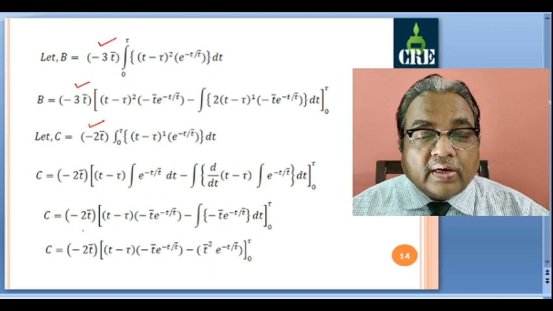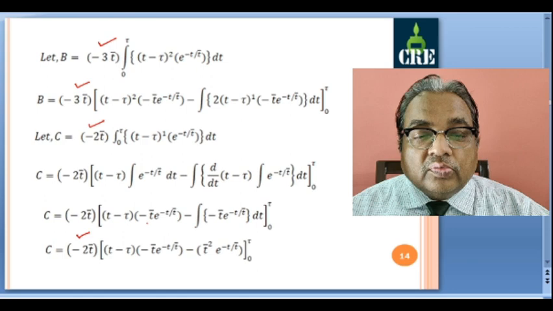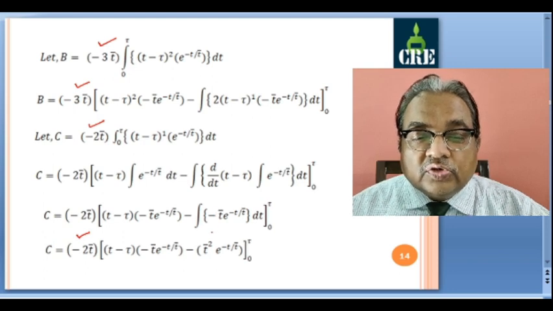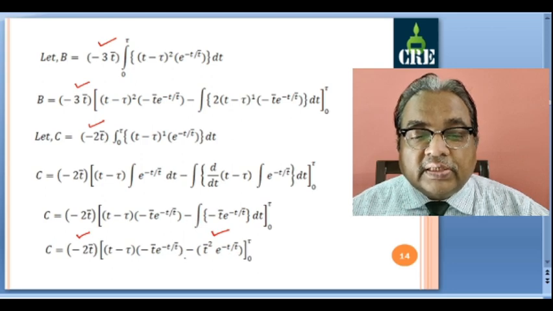So minus 2 t bar, this constant is outside, (t minus tau) minus t bar e raised to minus t by t bar as it is, then t bar into e raised to minus t by t bar, integration of this. So integration of e raised to minus t by t bar is e raised to minus t by t bar into minus 1 upon t bar. So minus 1 upon t bar goes in the numerator and minus minus becomes plus. So this becomes t bar square into e raised to minus t by t bar. This minus minus becomes plus, this minus sign is as it is.